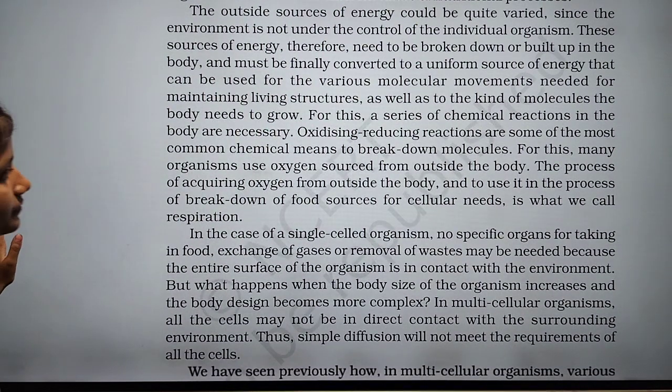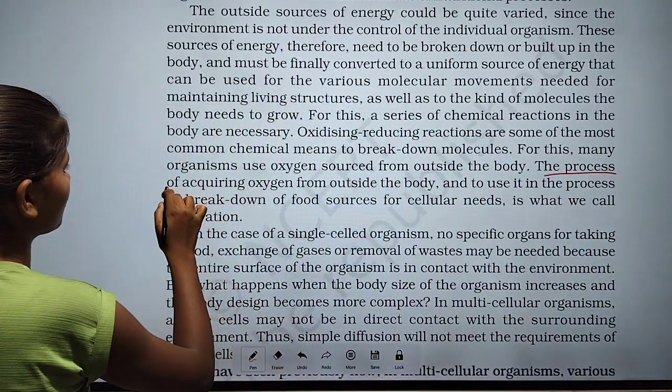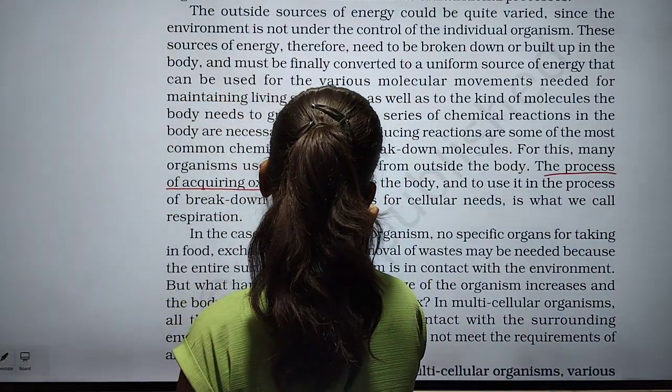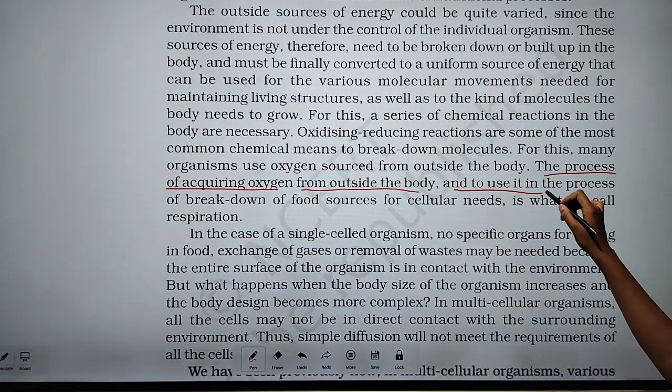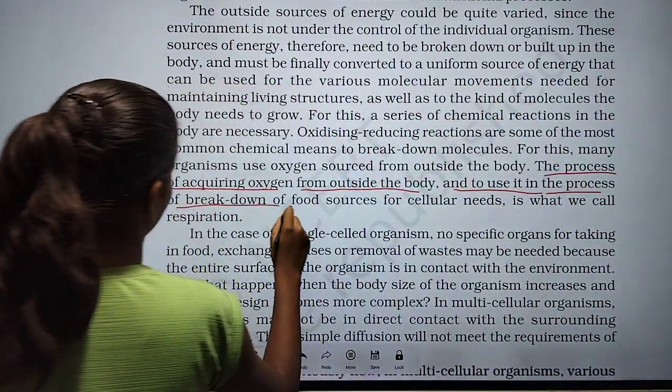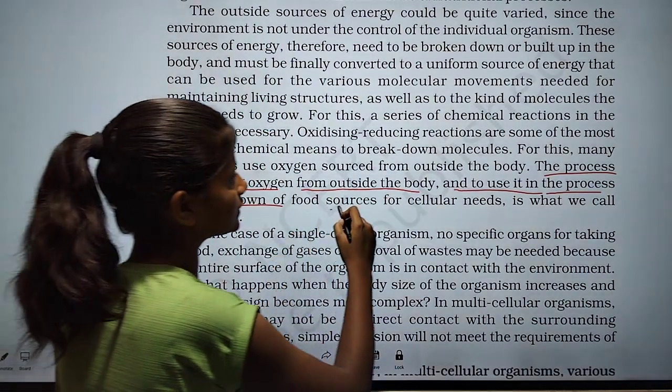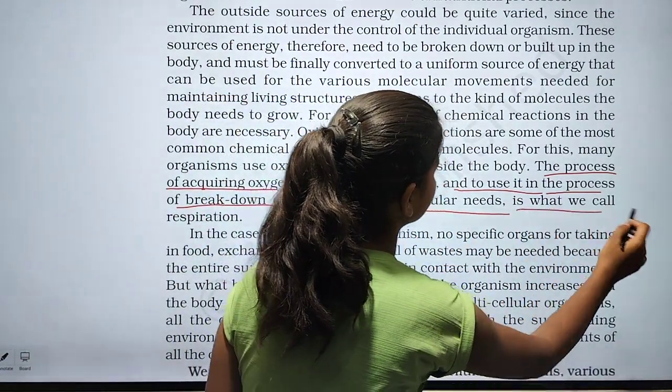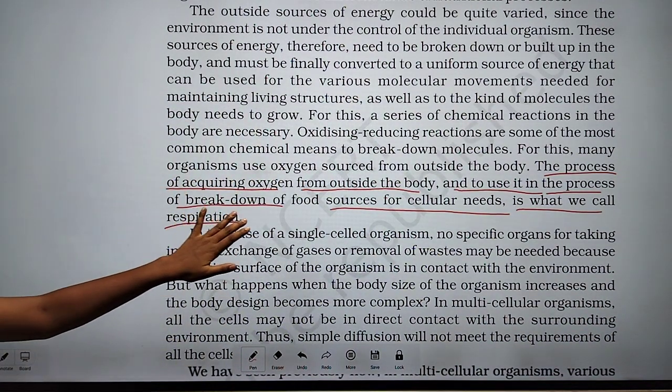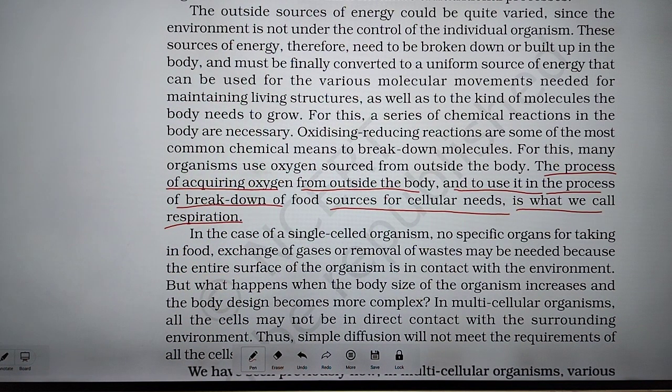The process of acquiring oxygen from outside the body and using it in the breakdown of a food source, say glucose, for cellular needs is what we call respiration.